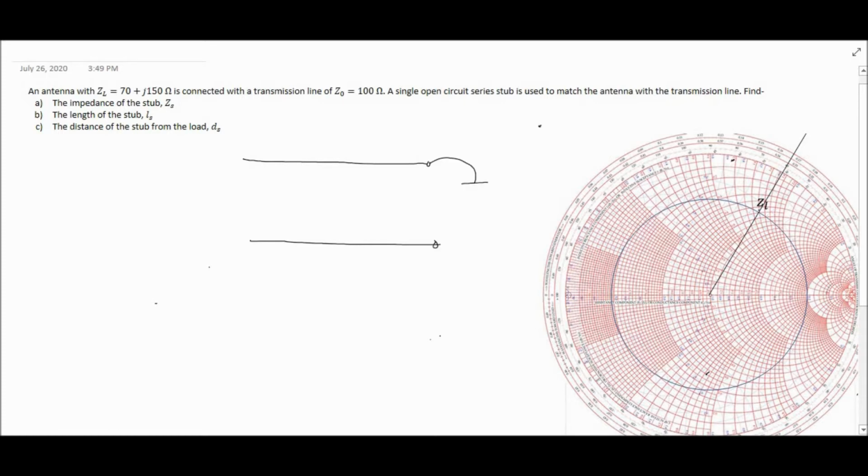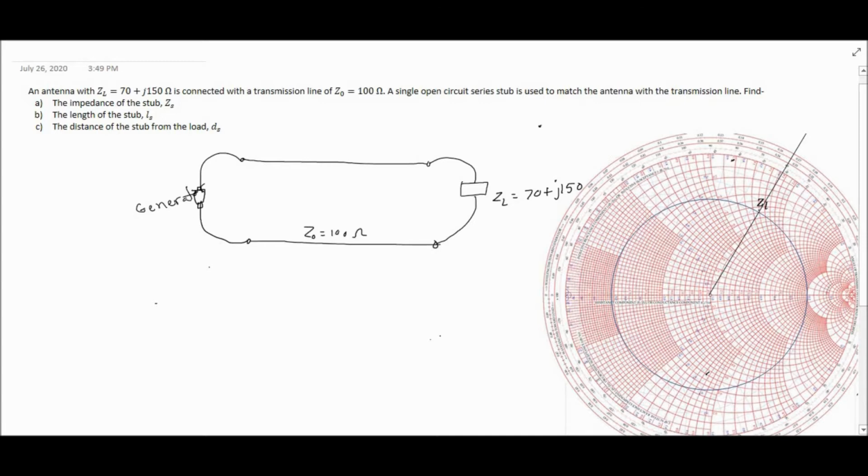So this is my antenna connected over here. The impedance of this is 70 plus j150, and we connect the source or generator at this side. The impedance of this is Z0. This line is Z0 equal to 100.